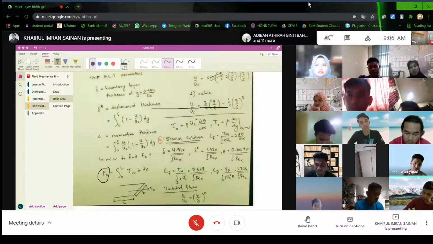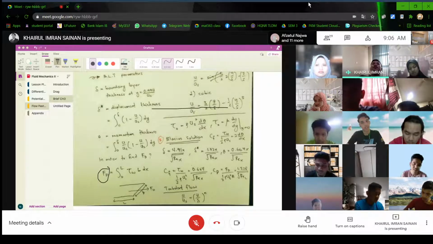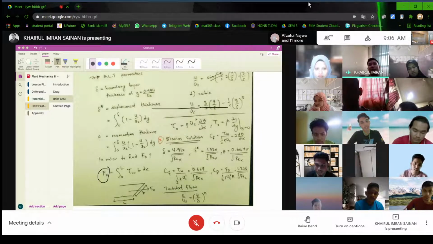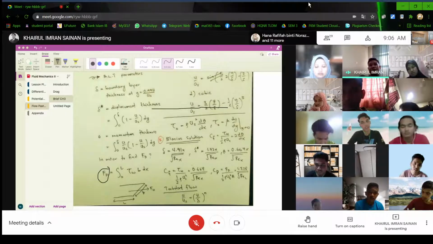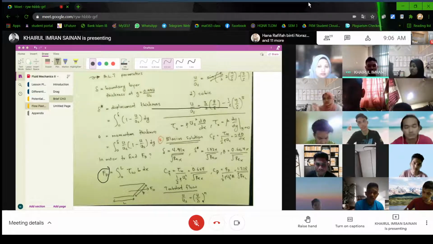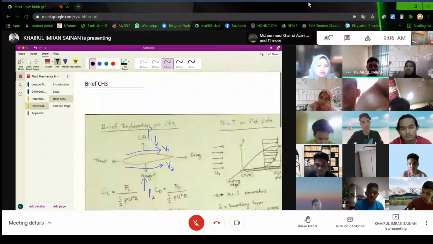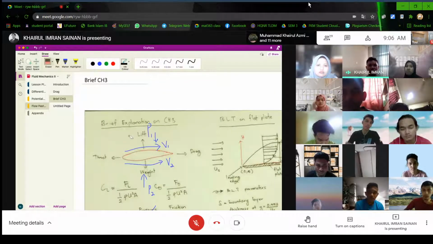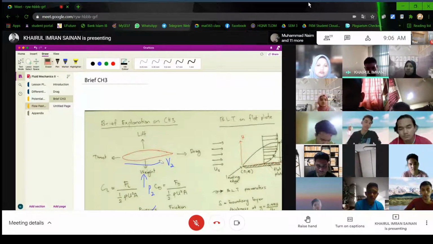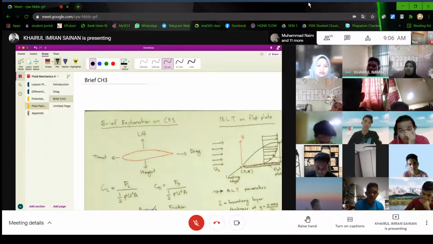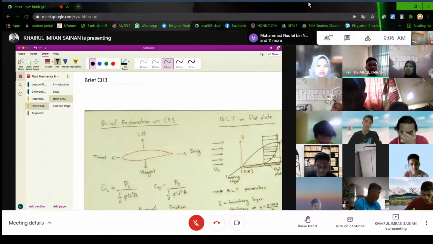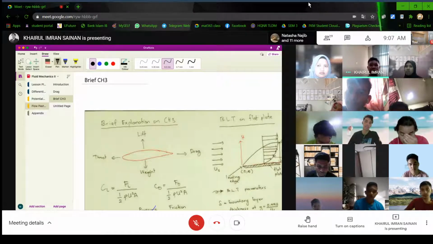No idea, sir. Okay, aerofoil, right? If you take a look here, the designs of aerofoil are actually a lot. We call that NACA. Normally, if you are involved with aerodynamics in aircraft, when you design the wing and all, they have their own NACA specification.